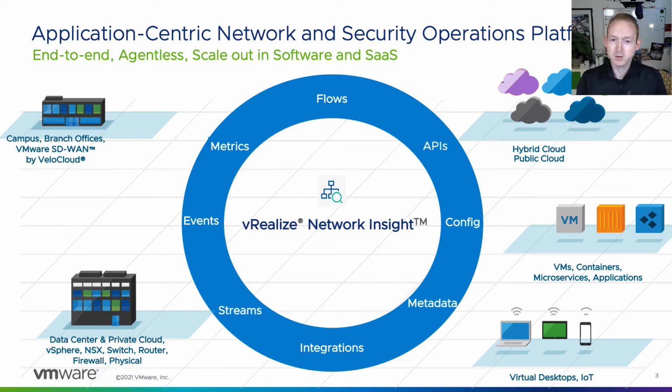Let's get a little bit deeper. The way that vRealize works is we add data sources to it, and all those data sources contain things like flows and metrics. It may have APIs, like vCenter, in order to grab information about the VMs and the virtual infrastructure that is running on that infrastructure. It looks at metadata of applications.